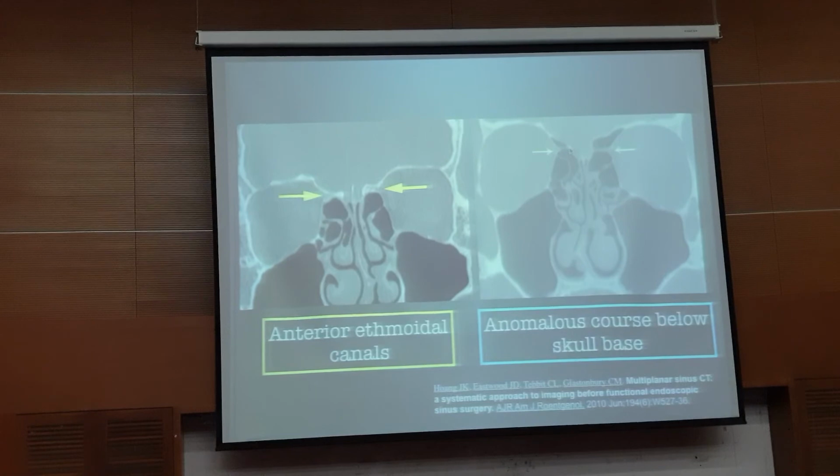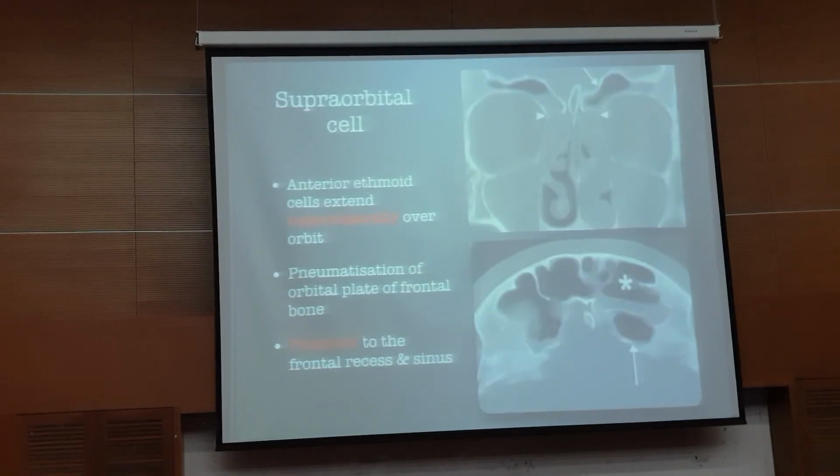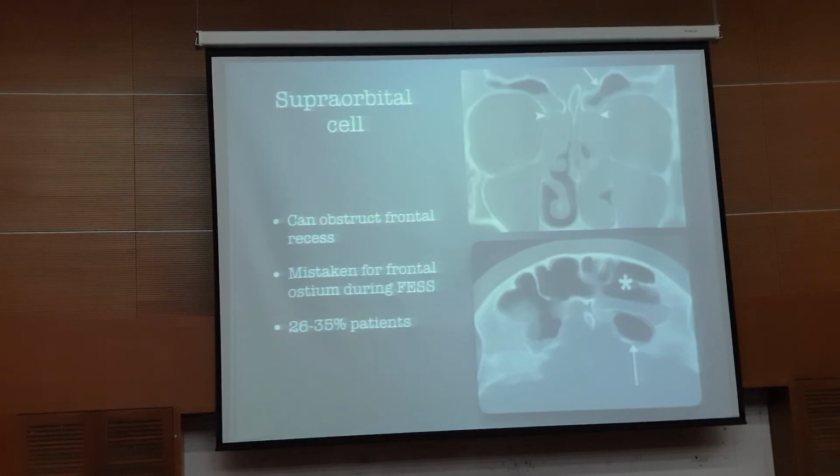If you're not careful, you can injure the artery and it can retract into the orbit, causing a massive orbital hematoma. That has been described. Supraorbital cells you know about. Again, here is the anomalous ethmoidal artery. I don't need to go through this; you will be quite conversant with it.